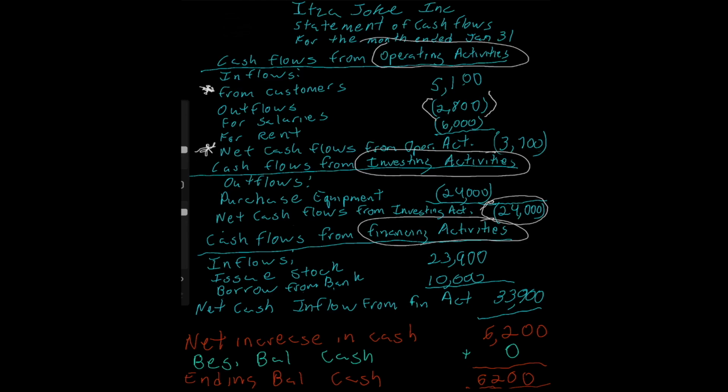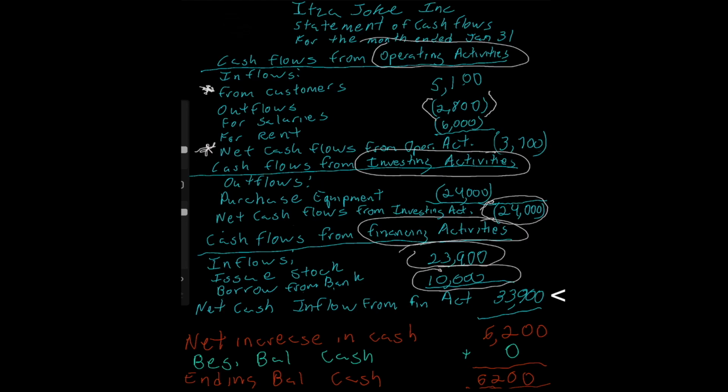And so we had two inflows from our financing activities. Basically, we received some cash from issuing stock for $23,900. And we actually received some cash from borrowing from a bank of $10,000, okay? So our total cash inflows from financing for the period was a total of $33,900, okay?